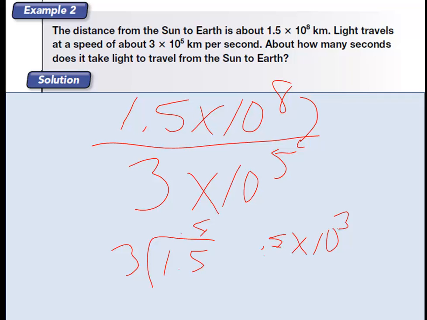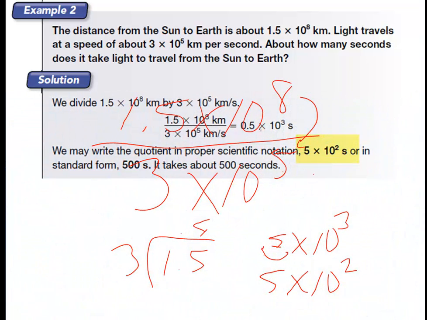We move our decimal over, so we have 5 times 10 to the 2nd, and that's our answer. Or you could convert it to standard form and say 500 seconds is about how long it would take for light to travel from the Sun to the Earth.